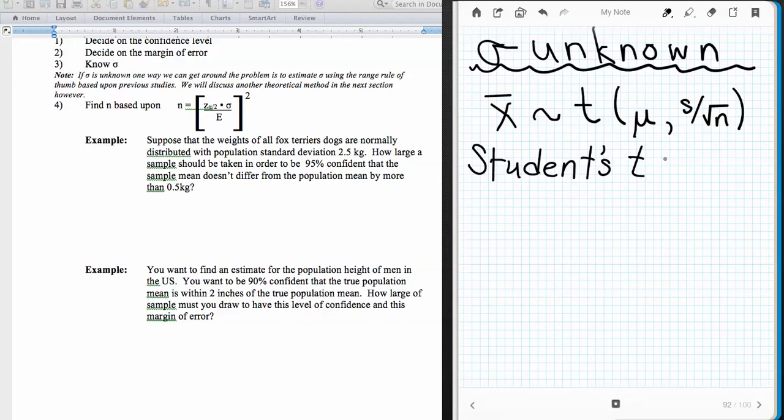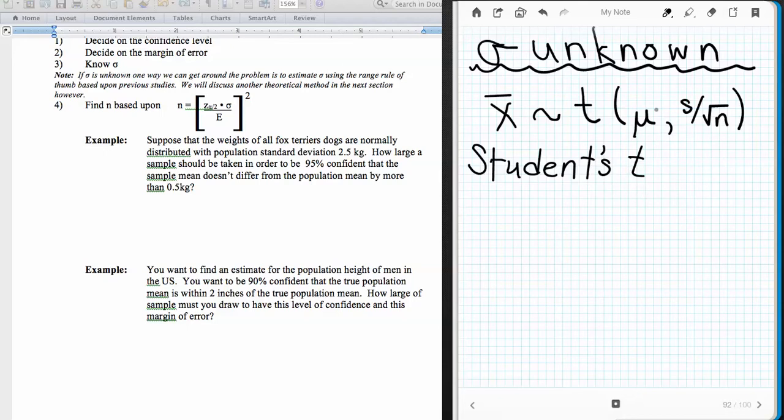Some people think it has to do with the fact that alcohol was kind of forbidden and he was associated with some other institutions that may have been looked down on. But for whatever reason, he didn't use his actual name, which was Gossett, and it became known as Student's distribution or Student's t-distribution.